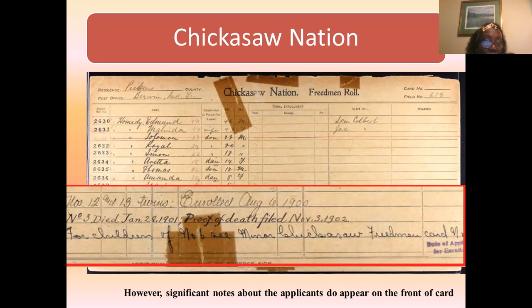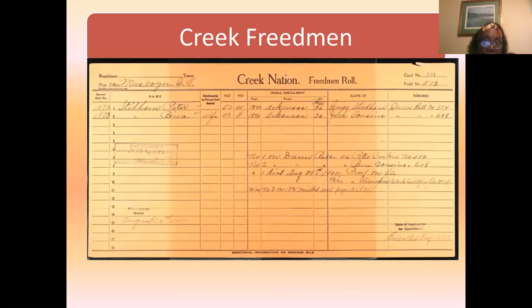So they were given 1/8 of the pie, while others who were not of African descent received 8 times more. And that's really something to consider. But nevertheless, as a genealogist, you can still find significant data.